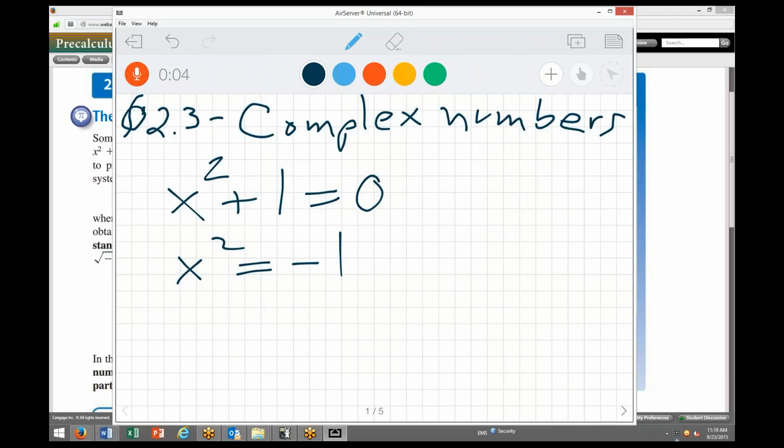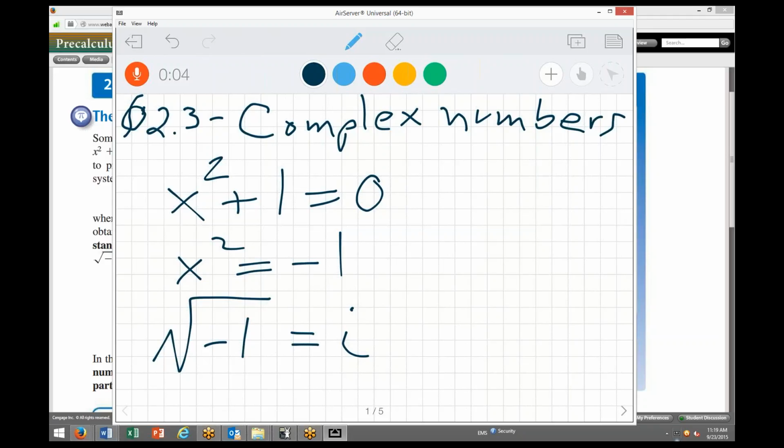So what they came up with was to call the square root of negative 1 I. It's a small letter i, and probably that's standing for imaginary, i for imaginary.